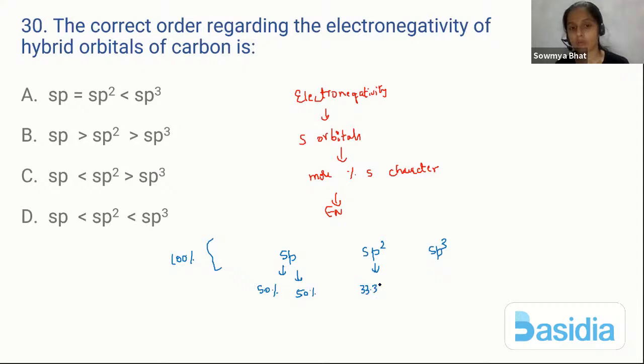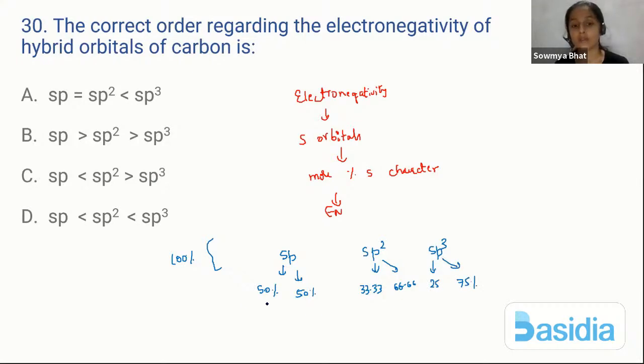So s is only 1 time, so this is 33.3, and the p orbital is 33.3 times 2, that's 66.66. And in sp3 there are 4 orbitals, 1 s and 3 p orbitals. So s is 25% and p is 75%.